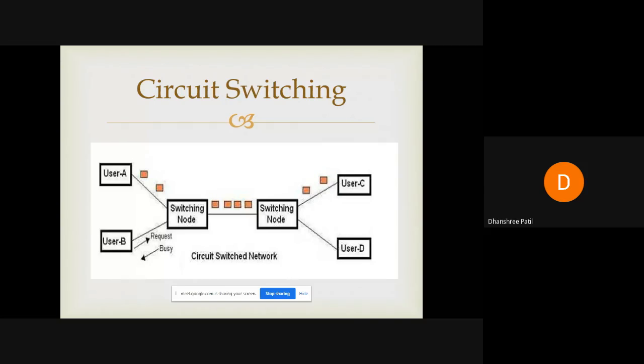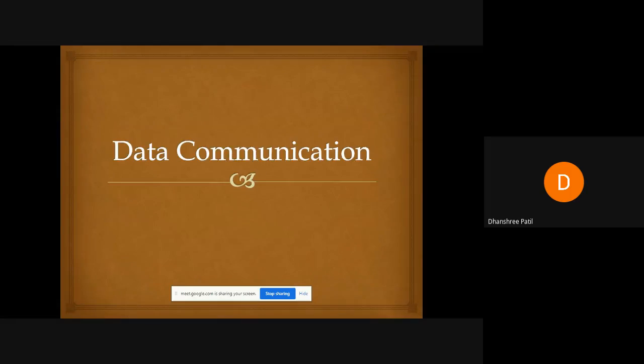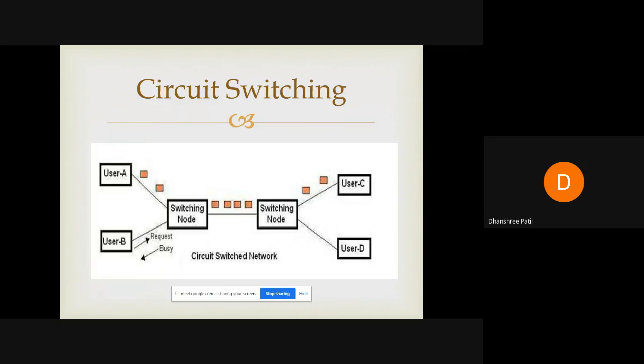Can anybody tell what is the difference in these two techniques? Can anybody tell? No.